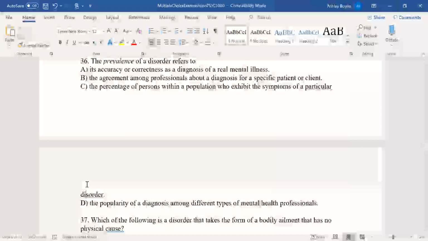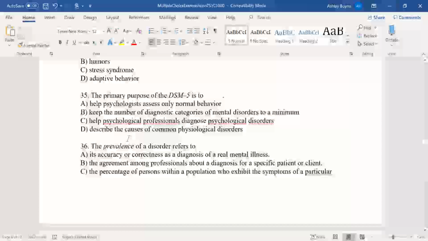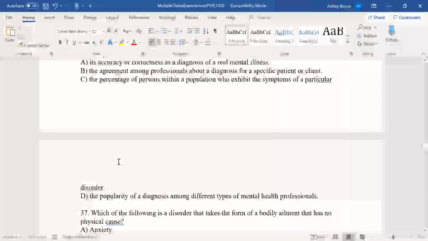So those are the types of social influence. Are we good? Okay, lovely.